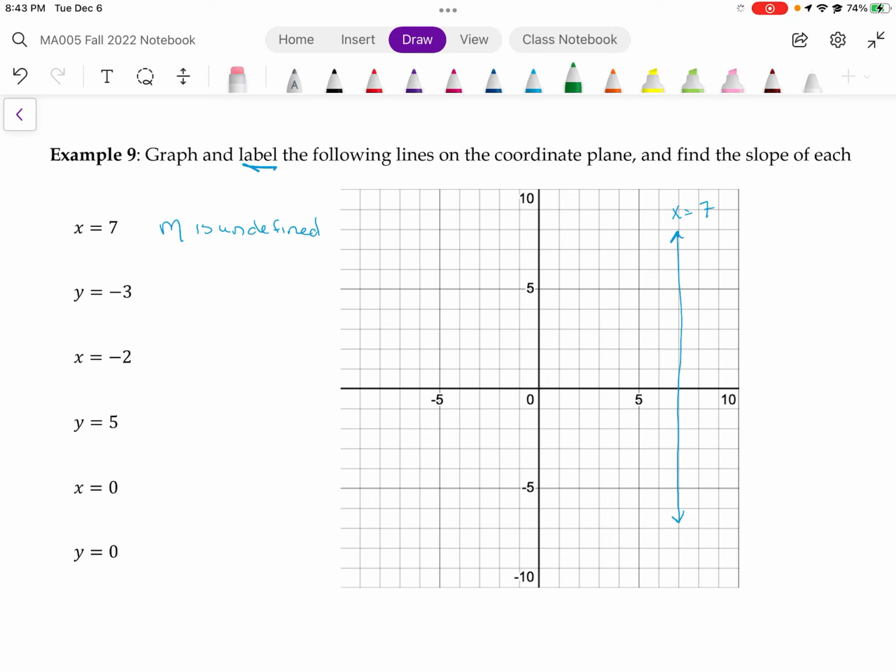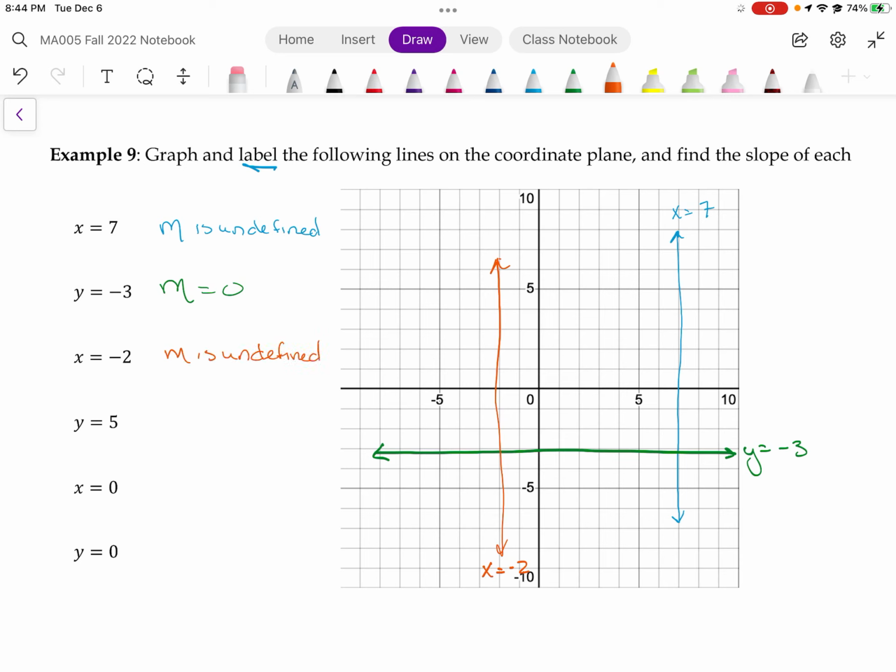All right, y equals negative 3. Y equals negative 3 would be right here, and that has a slope of 0. X equals negative 2 would be here, and that slope is undefined.